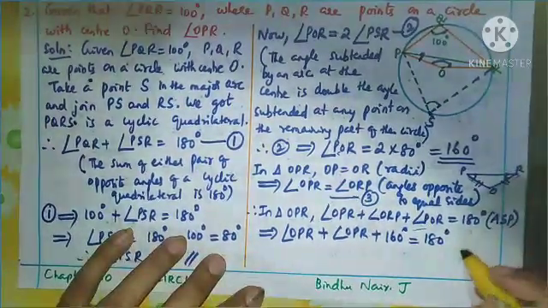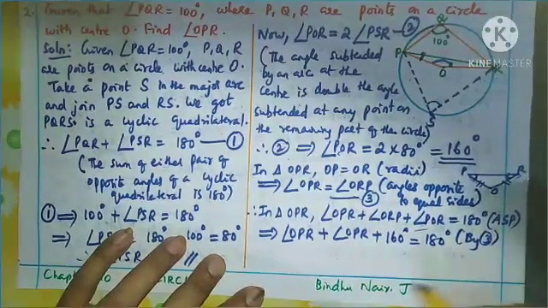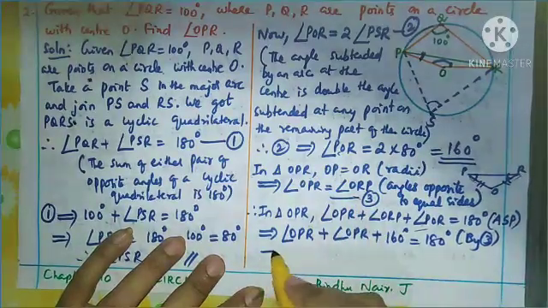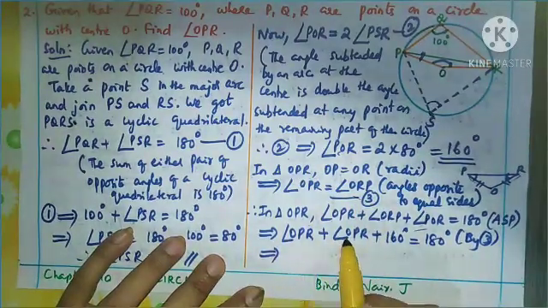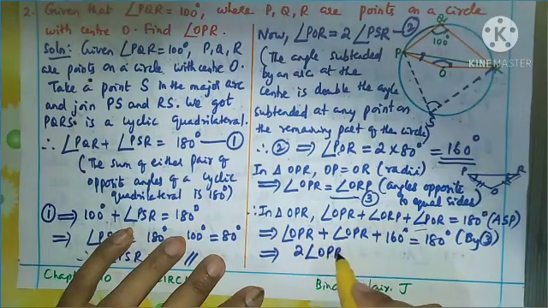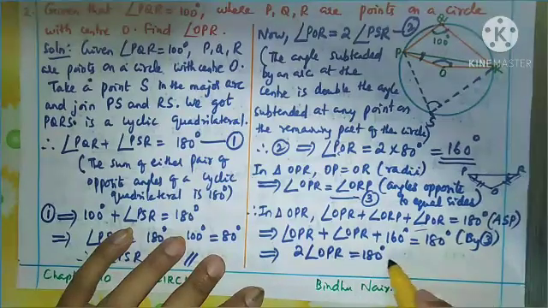What is the reason for this? By this third result, we substituted OPR equal to ORP. Now you see OPR plus OPR, so 2 times OPR equals 180 degrees minus 160 degrees.